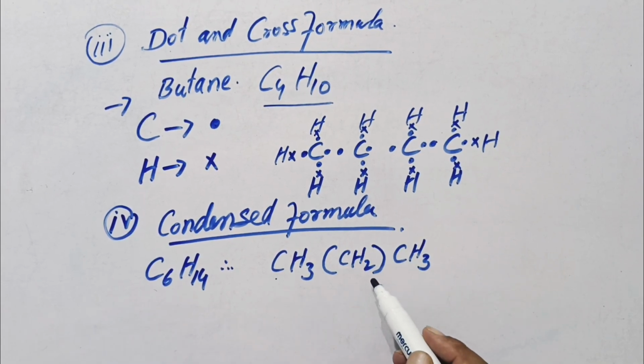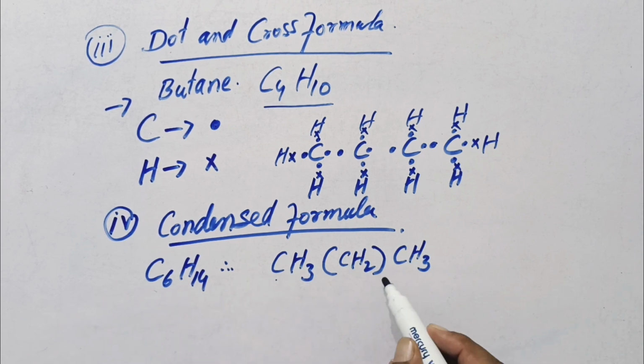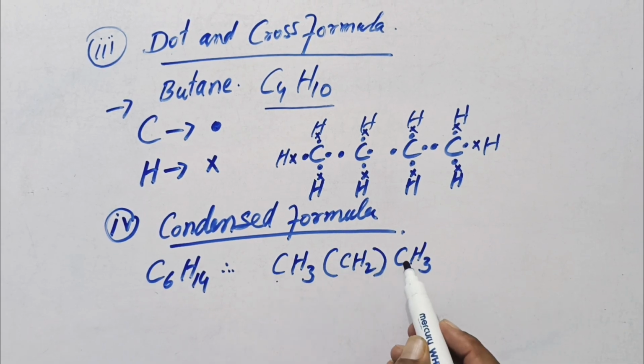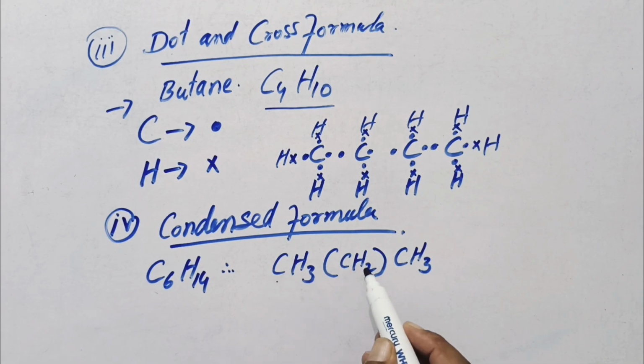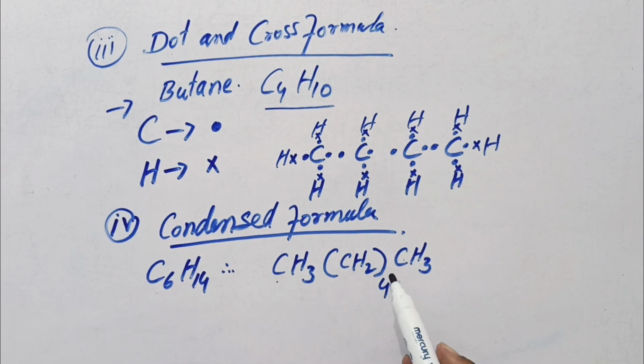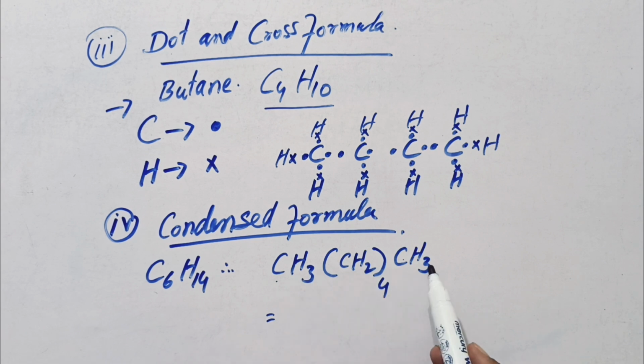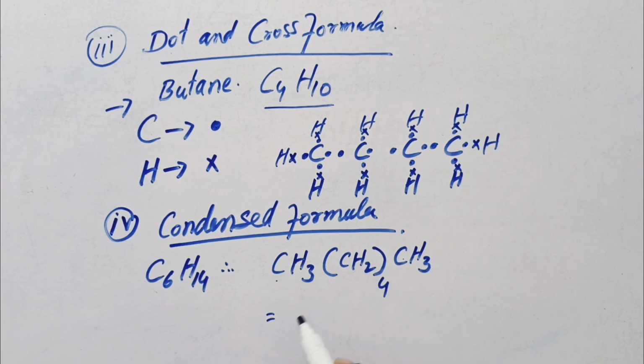The 4 carbon atoms are needed to complete the carbon atoms of hexane. So we write here 4. So here the number of carbon atoms is completed, that is 1, 2 and 4, 6, and automatically the number of hydrogen atoms will be completed, that is 3, 3, 6 and 4, 8, 8, 8, 6, 14.